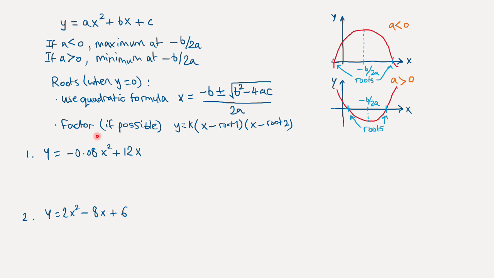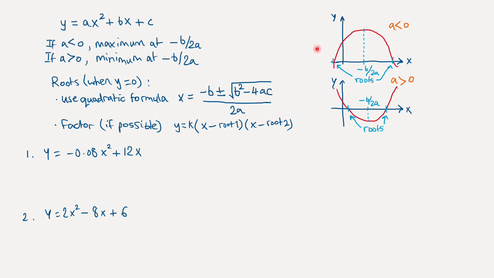If it's possible and the quadratic equation factors nicely, then that can be a more straightforward way to find the roots, and factoring will give rise to an equation that looks like this. There'll be x minus the first root times x minus the second root, and possibly a constant, which doesn't really matter for finding the roots.